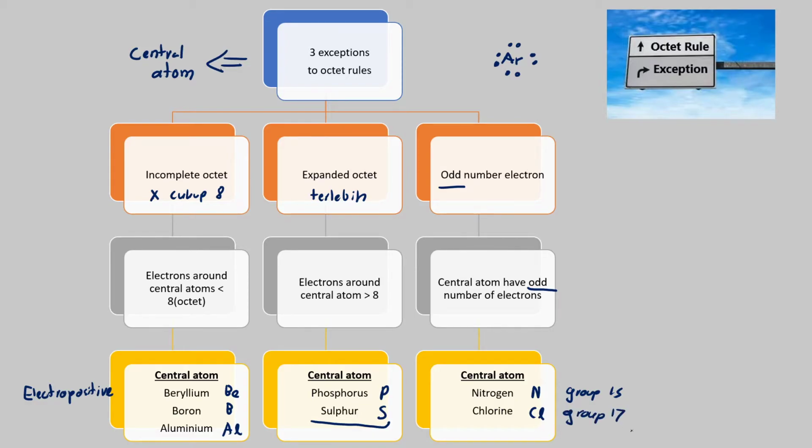Their valence electrons are already odd. Nitrogen has 5 valence electrons, while group 7 has 7 valence electrons. That's a general idea of why. But for the question, they won't ask why beryllium can have that. So just know that we have 3 exceptions: incomplete, expanded and odd. That's it. Less than 8, more than 8, or odd number.